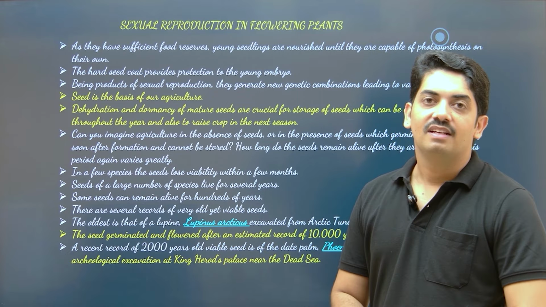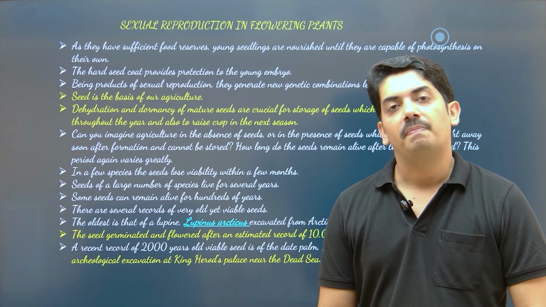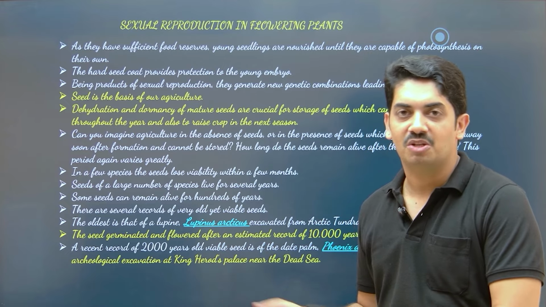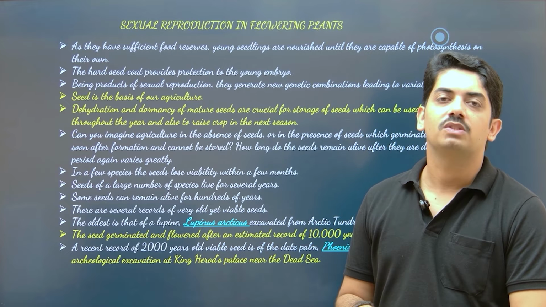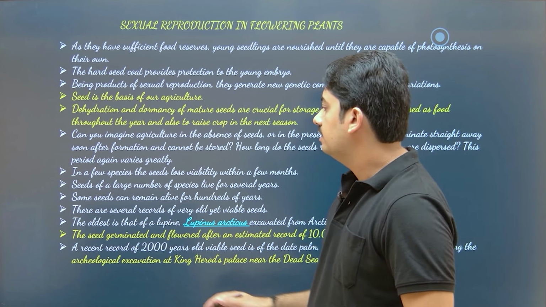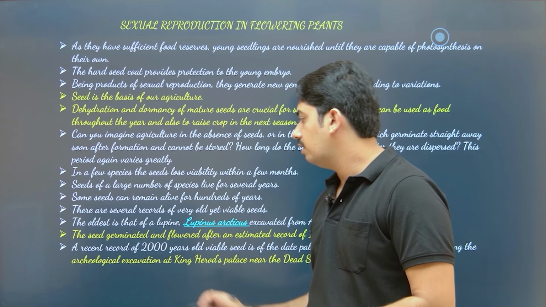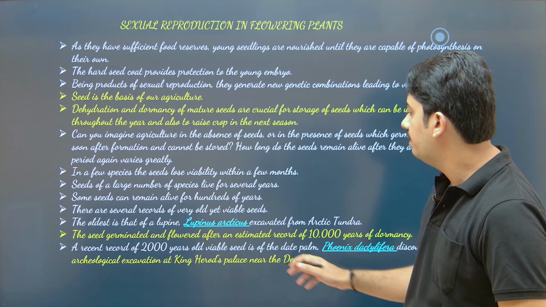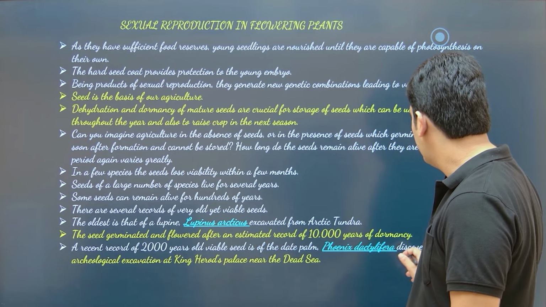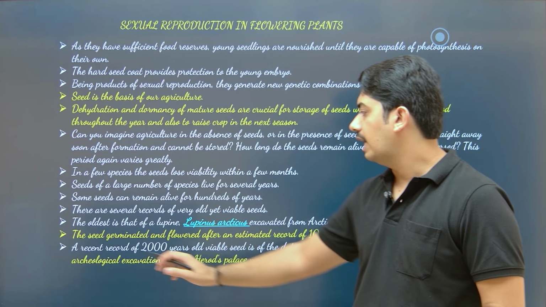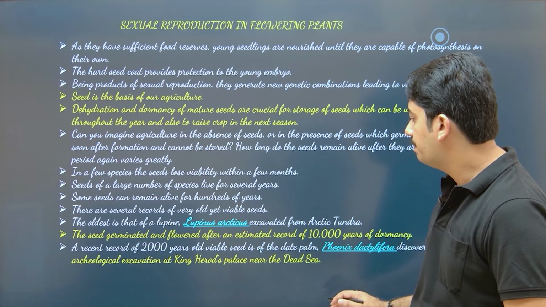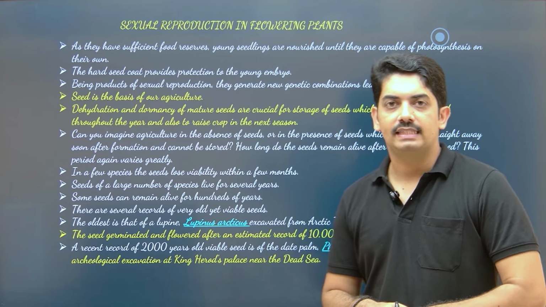Now tell me whether tomato seed can be stored for this duration of time. It is not possible. So it varies from plant to plant. One more example, there is a recent record of a 2,000-year-old viable seed of the date palm, that is Phoenix dactylifera, discovered during the archaeological excavation at King Herod's palace near the Dead Sea.